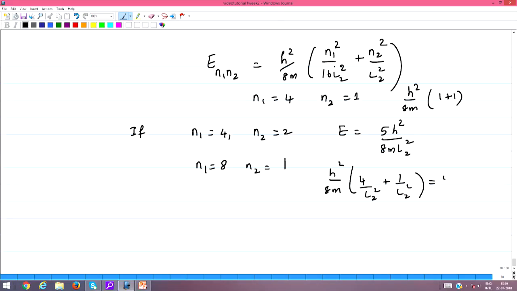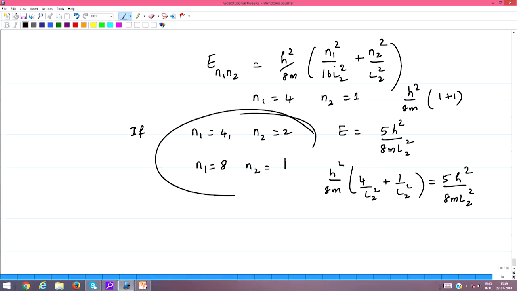So, you also get 5 h square by 8m L2 square. Okay. So, these two states, n1 equal to 4 and n2 equal to 2, and n1 equal to 8 and n2 equal to 1, are degenerate states. Now, verify whether this is the lowest degeneracy or not. I will leave it to you as the problem.